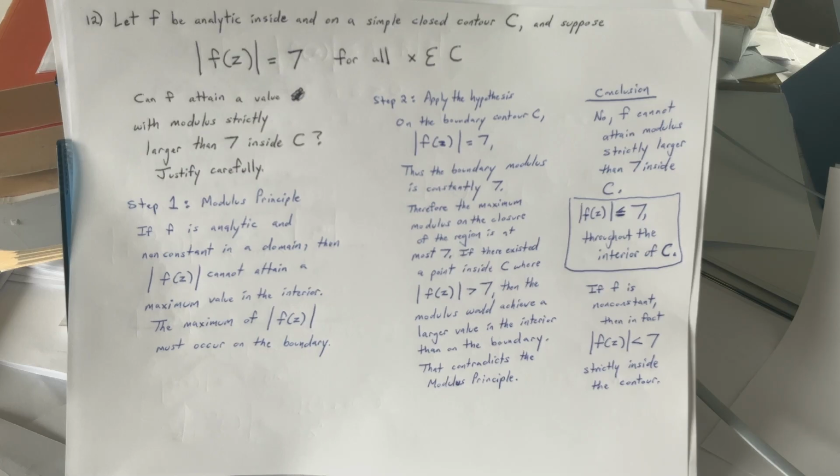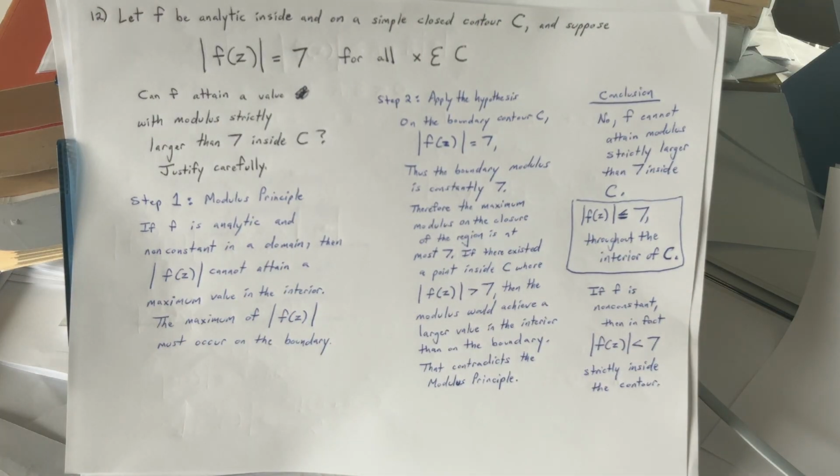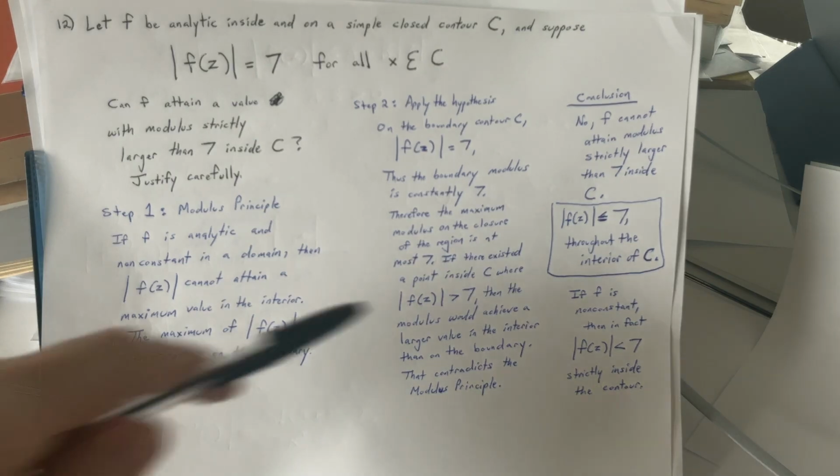Our conclusion in this situation is no. f cannot attain modulus strictly larger than 7 inside C. So the modulus of f of z is less than or equal to 7 throughout the interior of C. And if f is non-constant, then in fact the modulus of f of z is less than 7 strictly inside the contour.